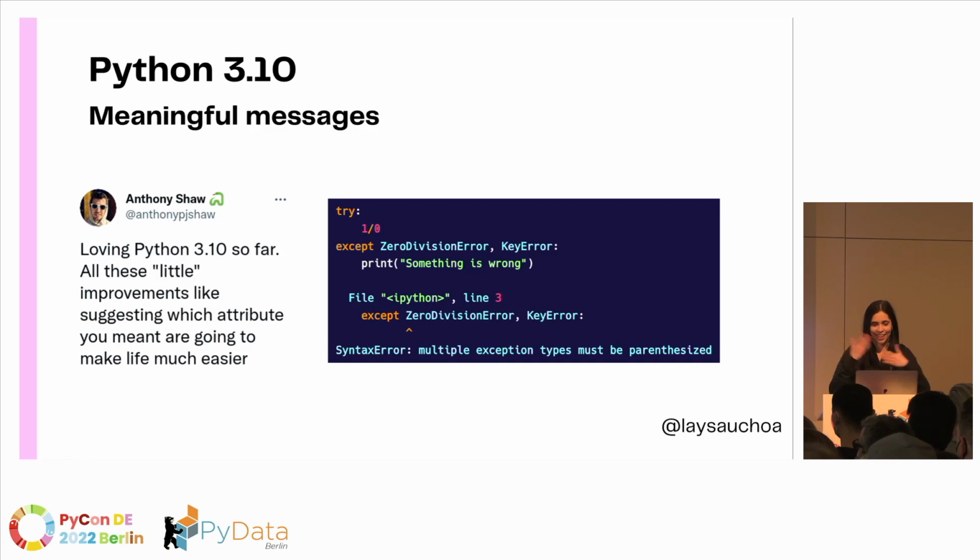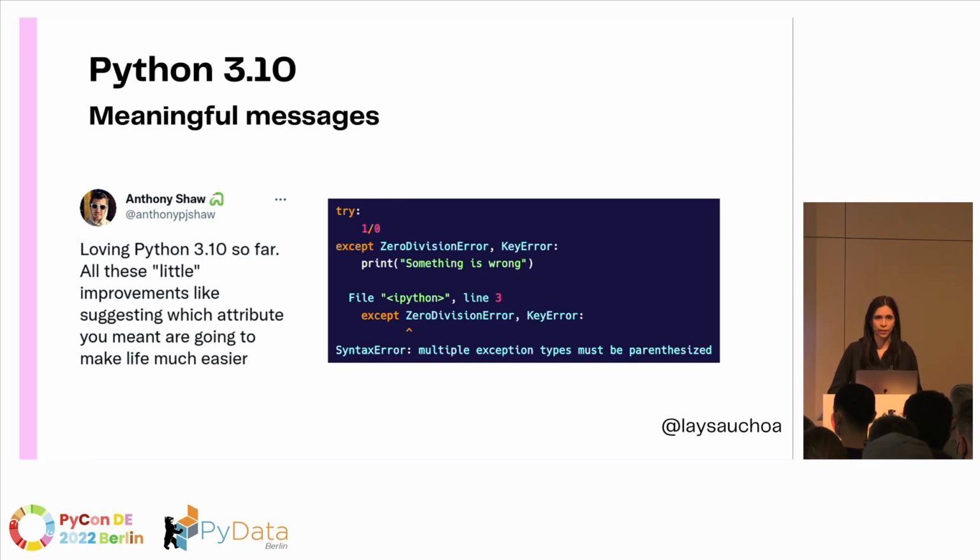So, action now. We are talking about meaningful messages. One thing that people really like is the better error messages. I already saw this kind of meaningful message in other languages: you make a mistake and you get very specific tips on how to fix it. This was missing in Python for a long time.